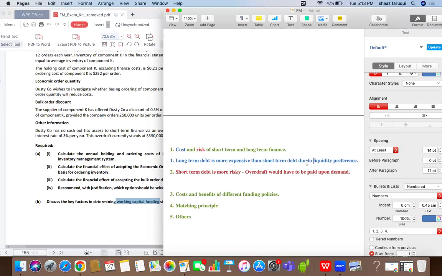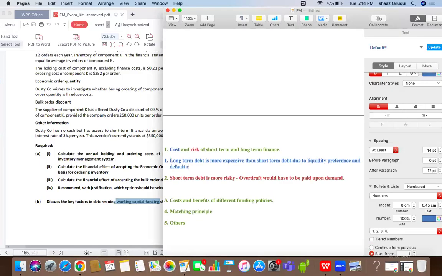Due to liquidity preference and default risk. Obviously, the longer I have to wait, the more the chances of that debt turning bad. However, in terms of risk, short-term debt, even though it is cost-wise lower, it is more risky.